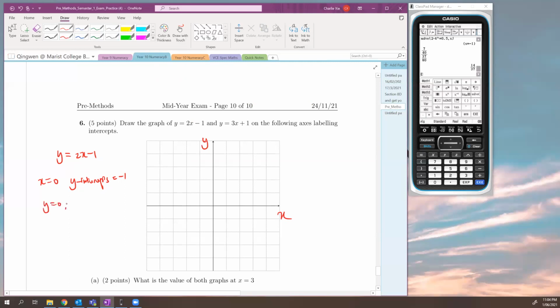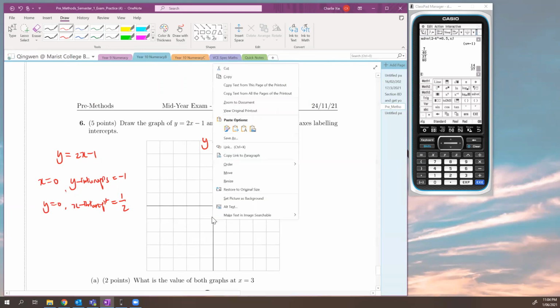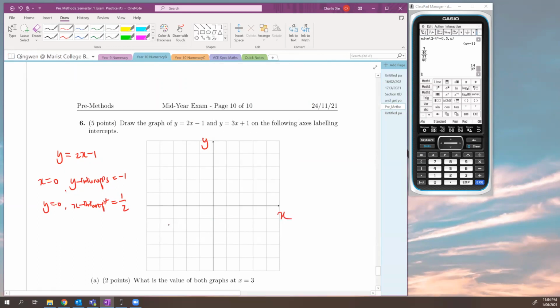All right, y is equal to 0. We can find our x-intercept. No, y is equal to 0. Sorry, 0 is equal to 2x minus 1. So x is 1/2. Okay, so we've got 2 points now. X is equal to 0 and y is -1. Okay, half.